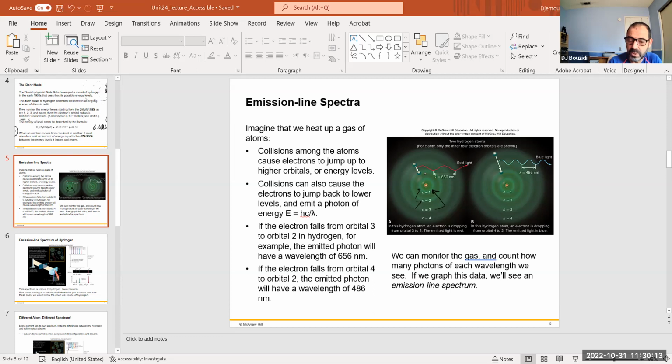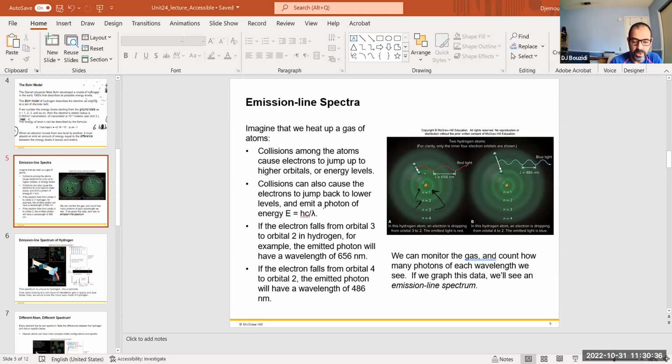Every one of these photons will correspond to a certain light. If the distance is big, like this one, the wavelength is actually small and the frequency is high. If the distance is small, then in this case, the wavelength is long, not short, and the frequency is actually less.